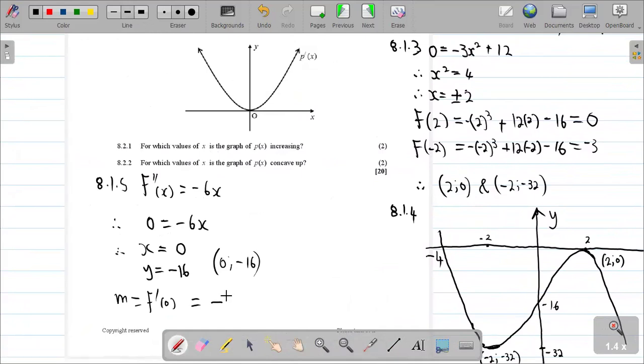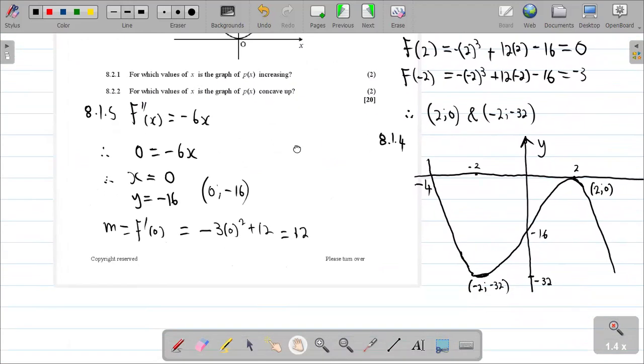So it's going to be -3(0) squared plus 12, which is equal to 12. Okay. So now what do we have here? We have the gradient and we have the point of inflection. So the tangent is going to pass at that point.